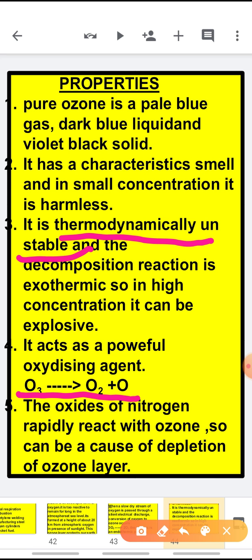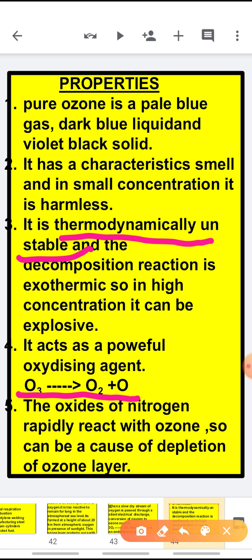Now next important property of ozone is the oxides of nitrogen. They react with the ozone which is present in the atmosphere at a height of about 20 kilometers. So they can cause the depletion of the ozone layer.